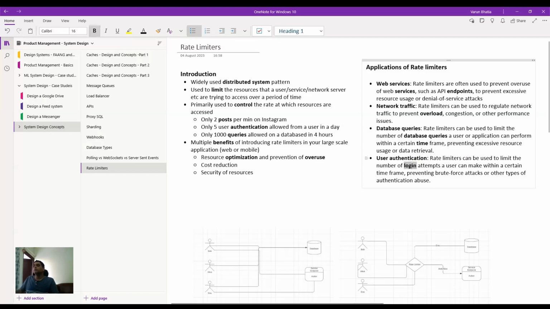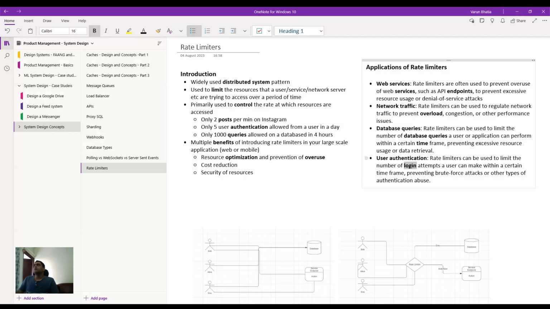User authentication, again, I had mentioned the number of login attempts, for example. Let's say you have a particular set of 1,000 users that are trying to authenticate onto your application, and you try to stop an abnormally high number, that's an application of rate limiter.